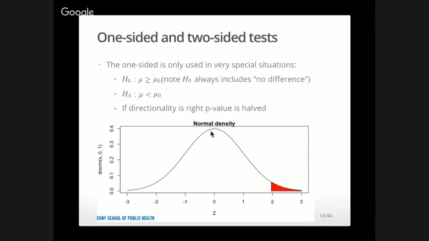The reason is that we perform the hypothesis test under the assumption that the null hypothesis is true, not our research hypothesis. So what is the null hypothesis if the drug is ineffective, if it's just a placebo?